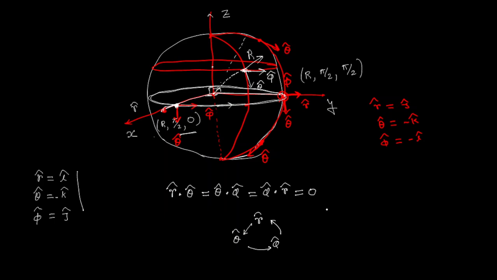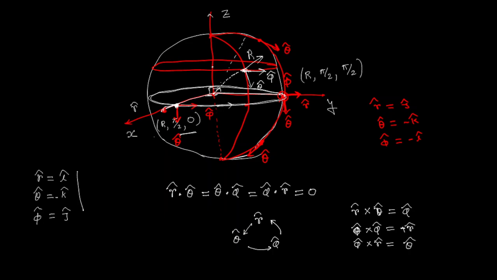So remember these two things. When you take the cross product of r cap with theta cap, that will give you phi cap. And when you take the cross product of theta cap with phi cap, that will give you plus r cap. And if you take the cross product of phi cap with r cap, that will give you theta cap.